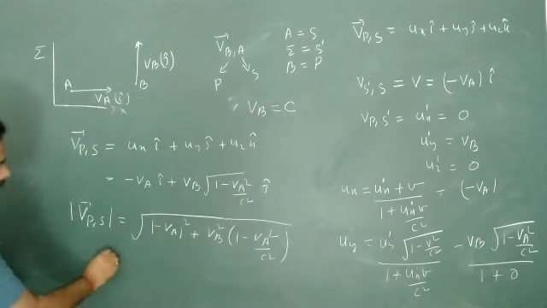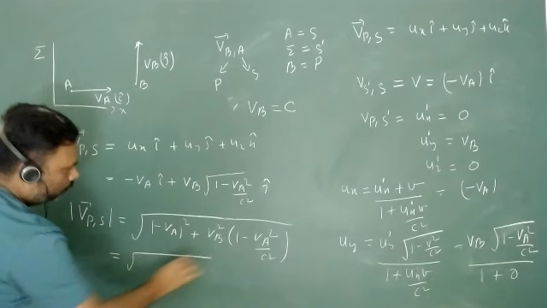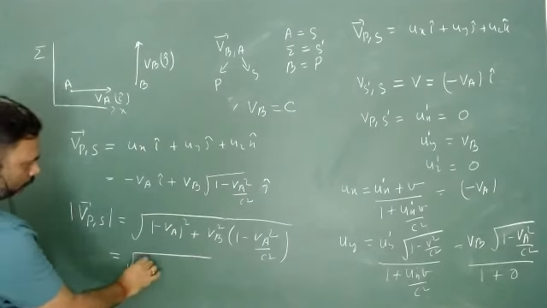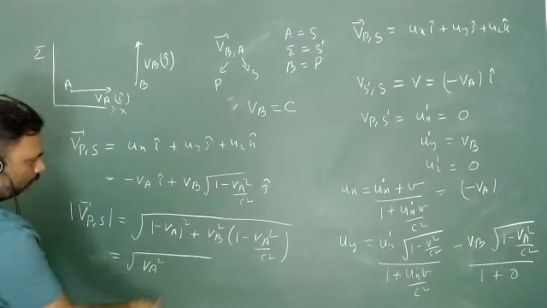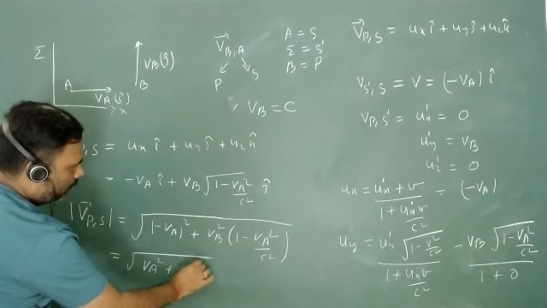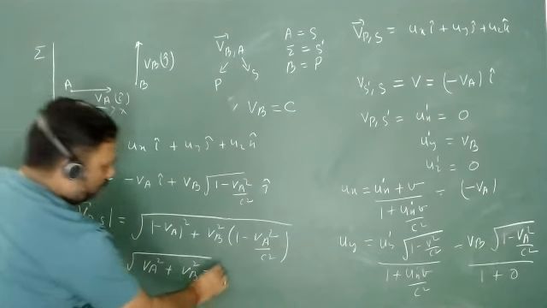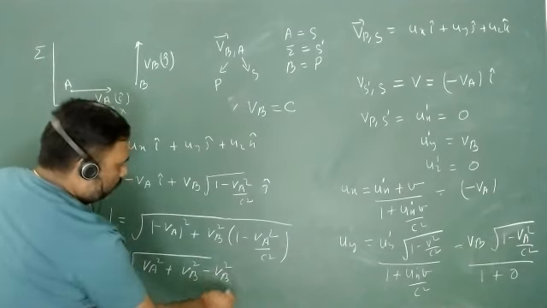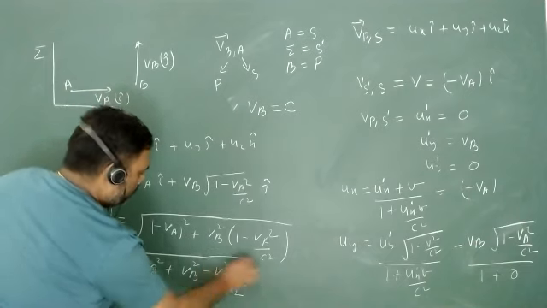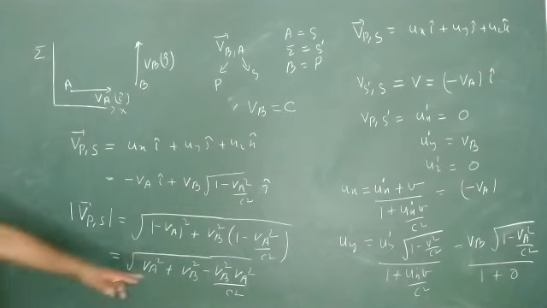What will you get? va square plus vb square minus vb square va square upon c square. Now put vb equal to c. What will you get?